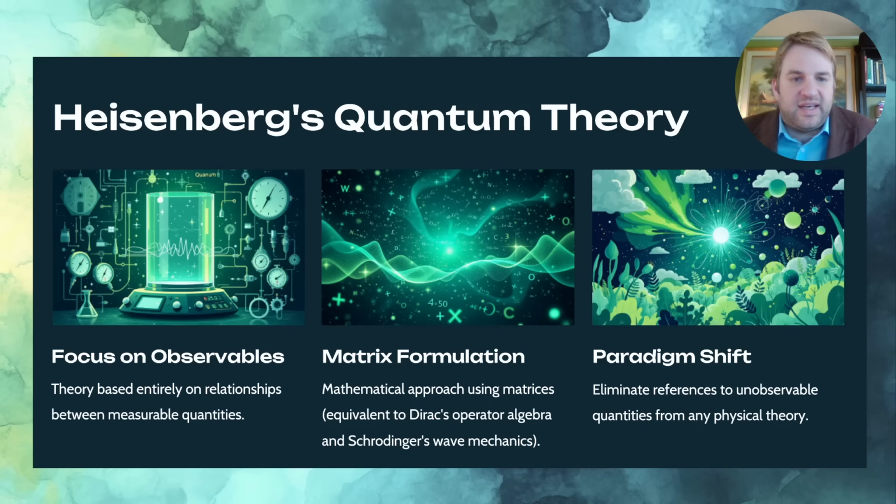Heisenberg's key insight, which allowed the development of the old quantum theory, as it was called, into what is still modern quantum mechanics, was to focus only on observables, things that could conclusively be measured and counted in numbers. He based the new theory entirely on relationships between measurable quantities, and the reason was that at that time they were trying to figure out the orbit of electrons around the nucleus in an atom.